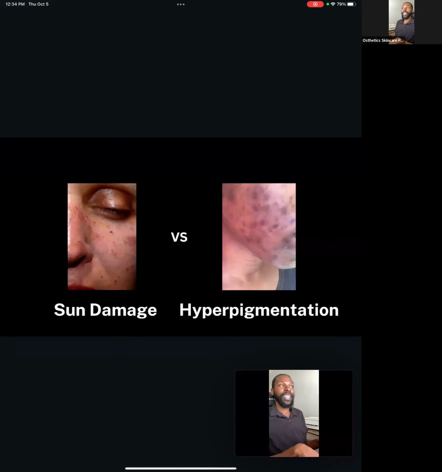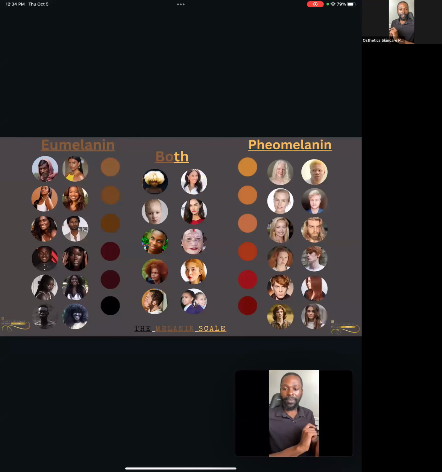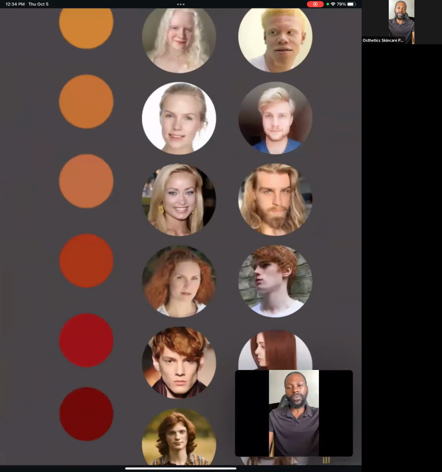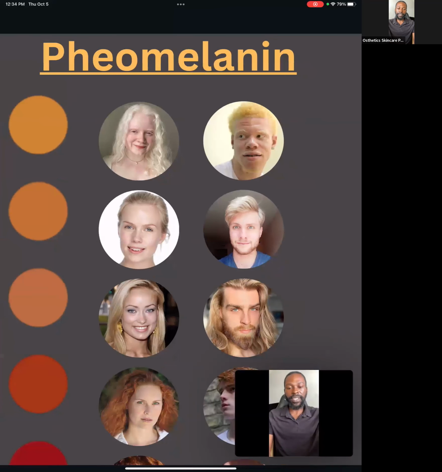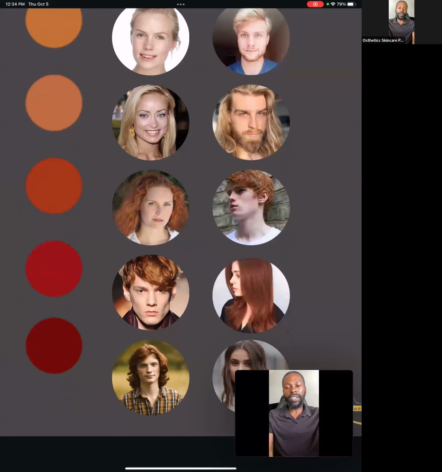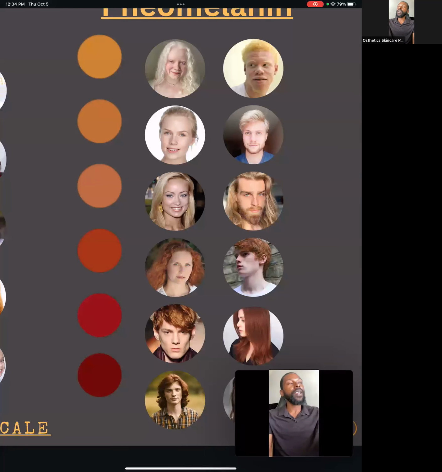So the correct answer is no, and I'm going to explain why. For an individual that has predominantly pheomelanin in their skin, let's go back to the melanin scale. These are individuals predominantly with pheomelanin showing up in their skin. Now, if we go back to the part where we talk about internal conversion.